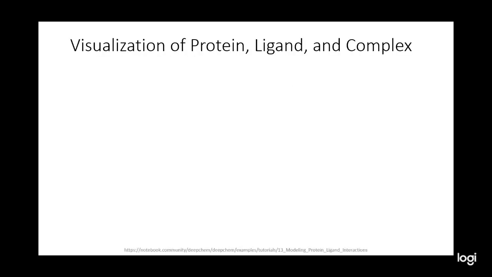Let's walk through a code example to visualize a protein, a ligand, and their complex using the core dataset from the Protein Data Bank, pdb-bind_core_df.csv.gz. This dataset has been pre-processed and is provided as a gzip file.